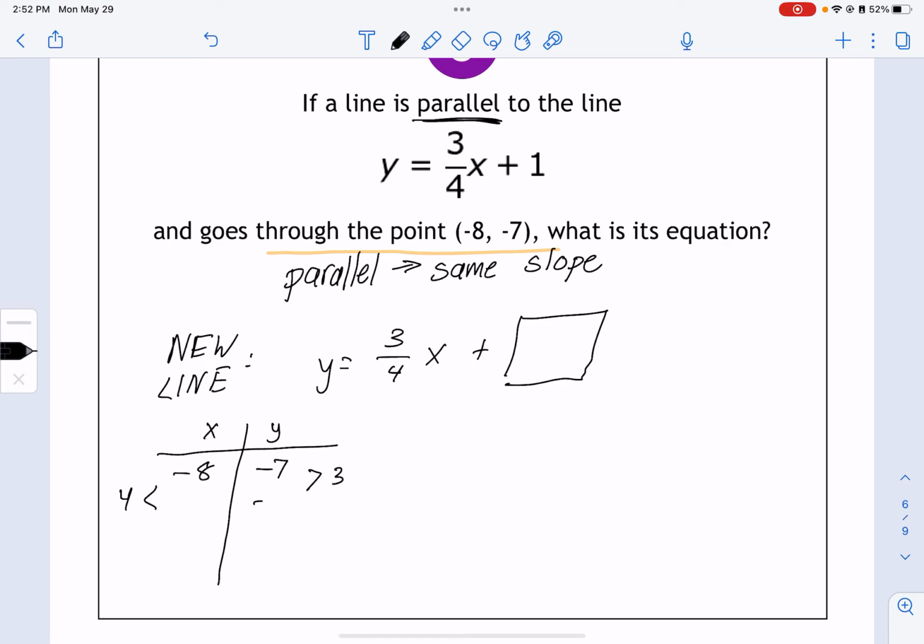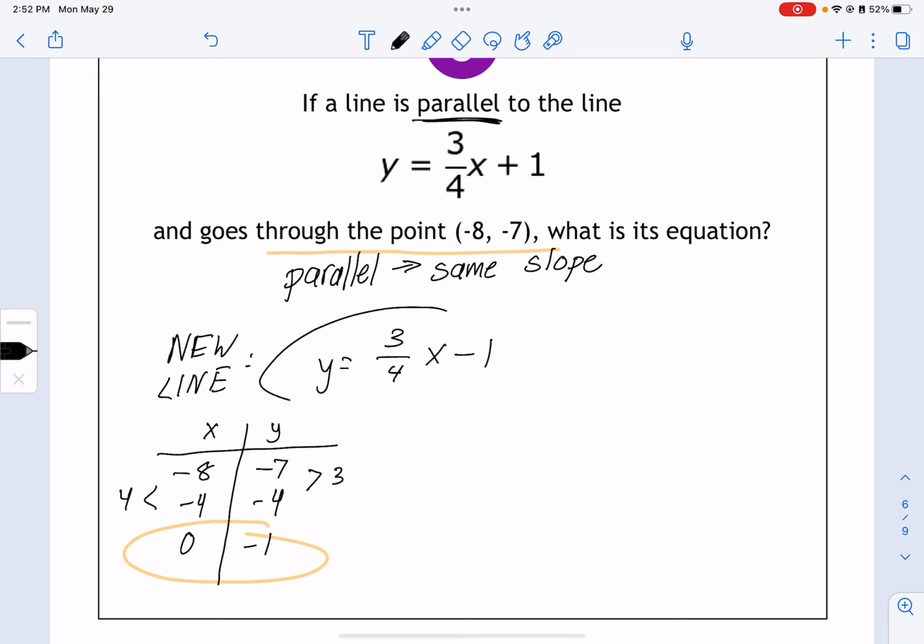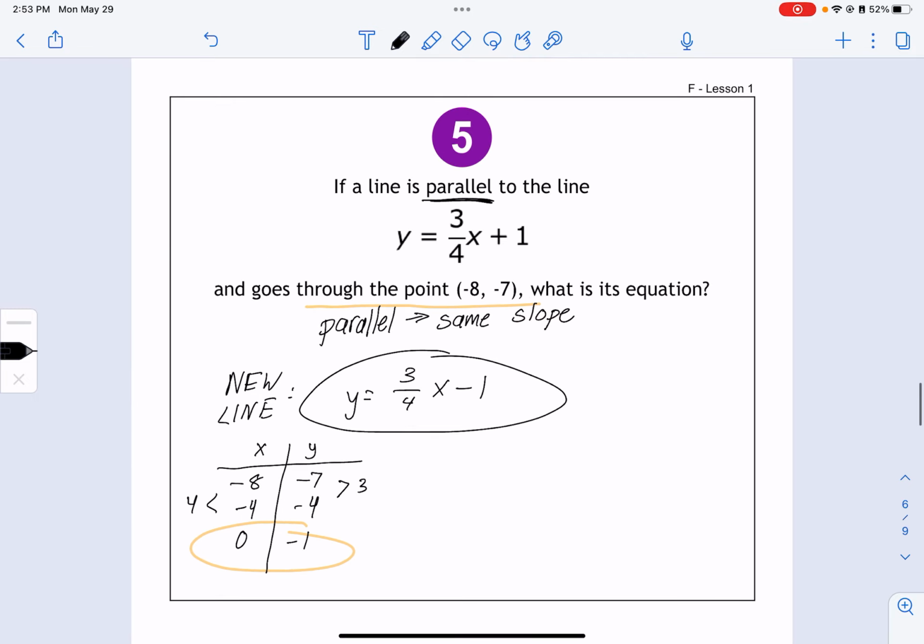So we're going to go (-4, -4). One more time, (0, -1). And so your y-intercept here is -1, completing our line: 3 over 4x minus 1. And that is how to do a few different types of problems by using y = mx + b.